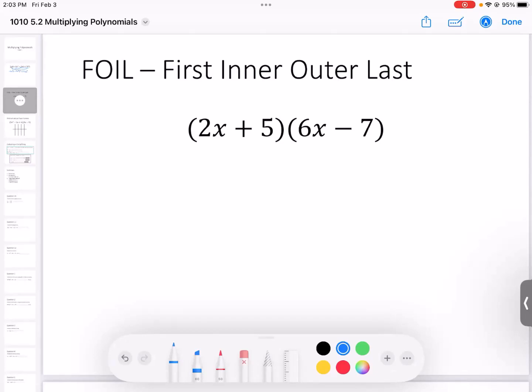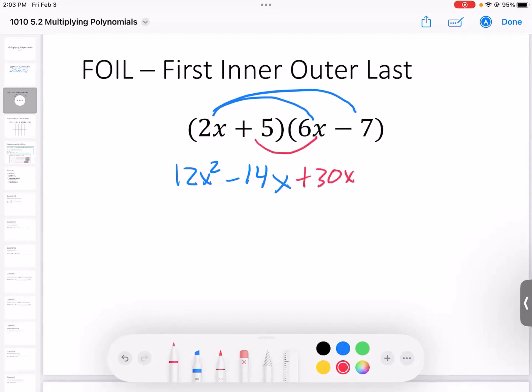So I like to do this methodically, and I'll say, well, 2x times 6x will give me 12x squared. 2x times negative 7 gives me negative 14x. So I've distributed the 2x to both of the other terms, but I also have to distribute the 5. So I'm going to distribute 5 to 6x, which gives me 30x, and 5 times negative 7 is negative 35.